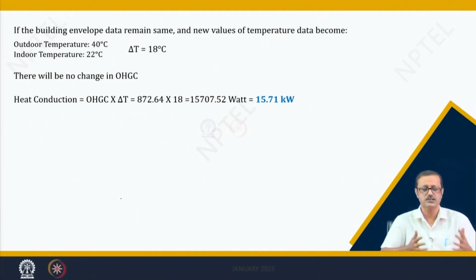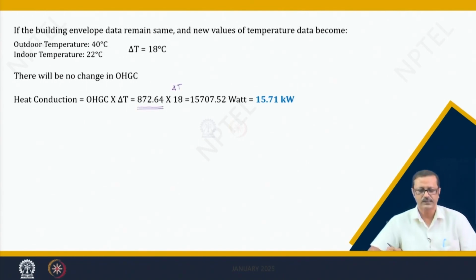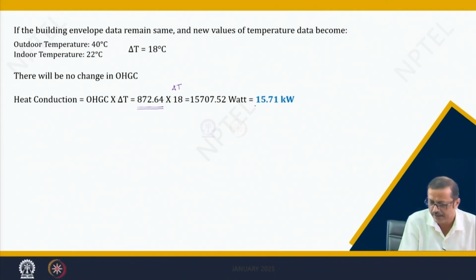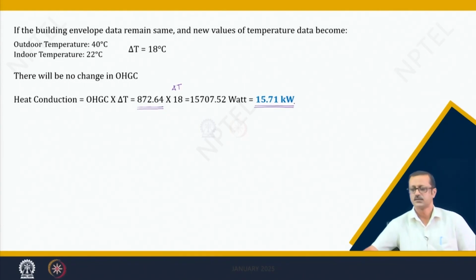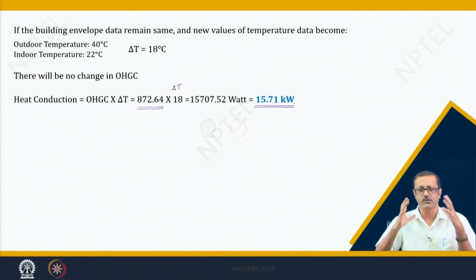I will just multiply the OHGC, 872.64, with the delta T, which is now a little higher, 14 degrees to 18 degrees. So, your total admitted heat load is more, 15.71 kilowatts.